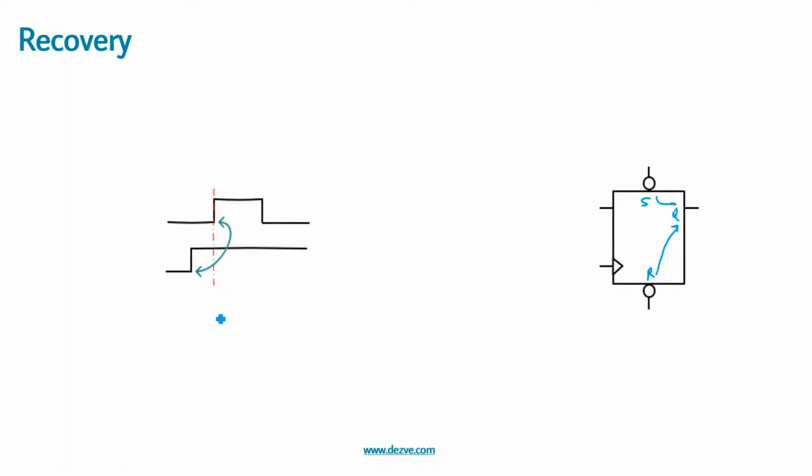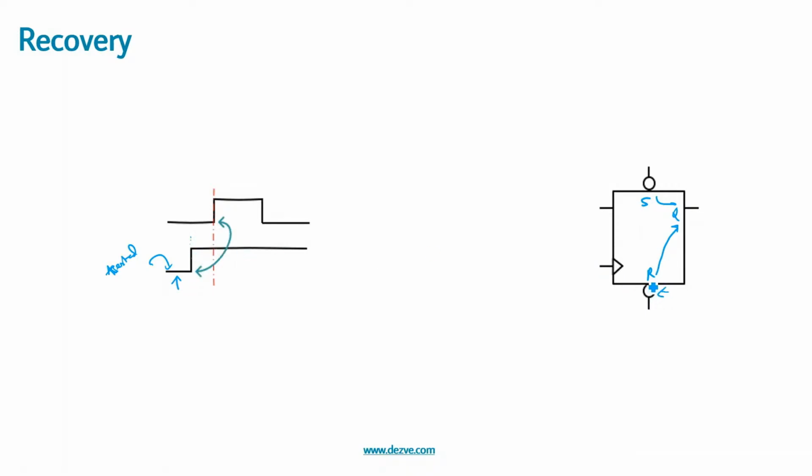So that's the thing. Recovery says, just to state here, because we have active low, so at this point of time this asynchronous signal was asserted. With this call, we say that this was asserted, correct? And then the deassertion of this asynchronous signal is happening at this point.